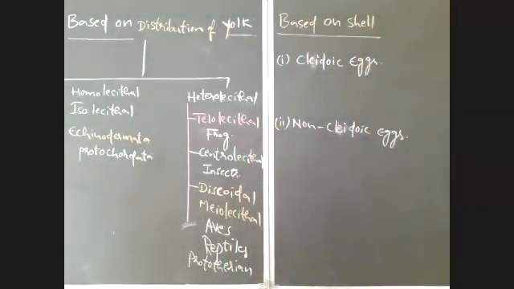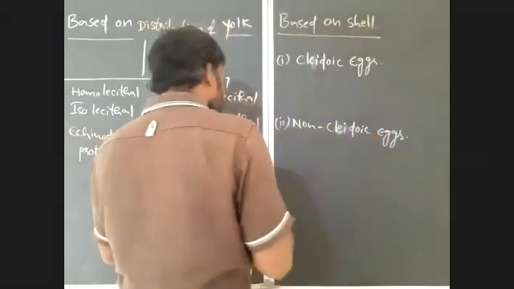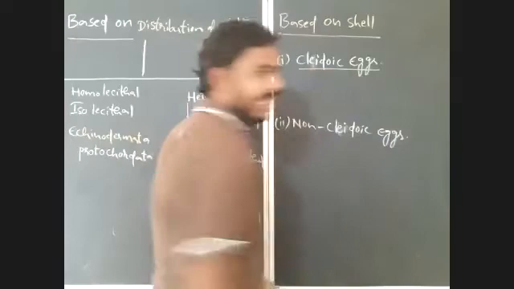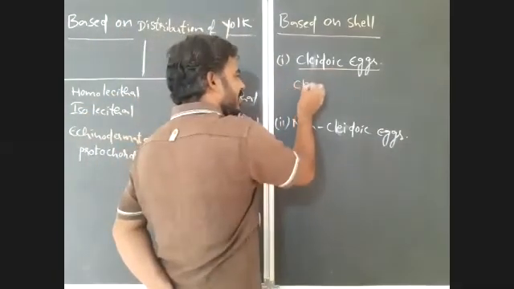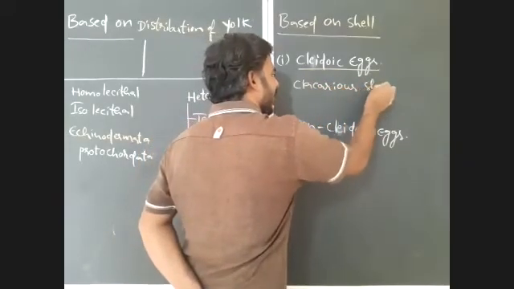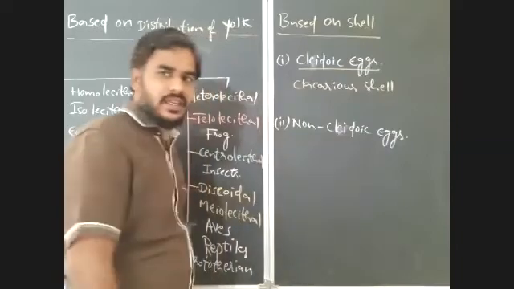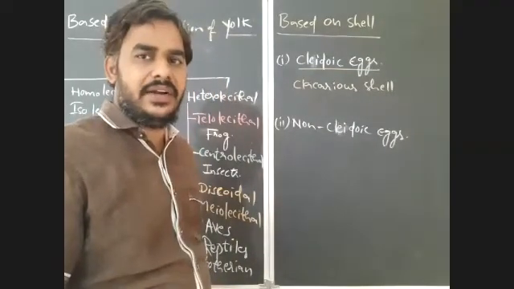What is the character of cleidoic eggs and what is the character of non-cleidoic eggs, you have to remember. See the egg with shell. What is the cleidoic egg? The egg with a calcareous shell. If the egg is covered by a calcareous shell, that is known as a cleidoic egg.